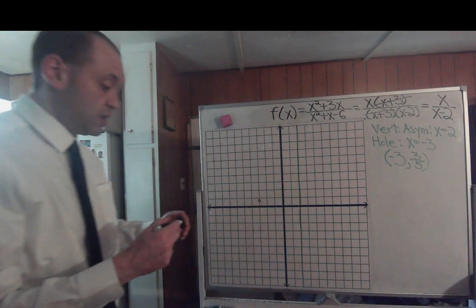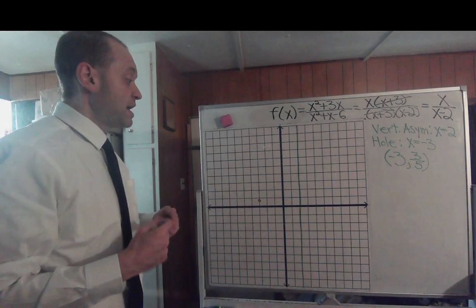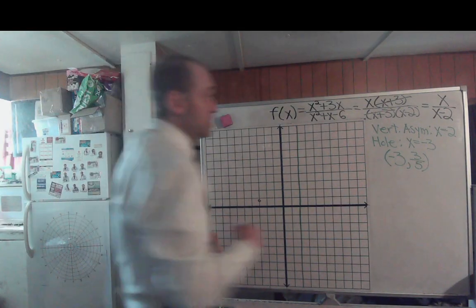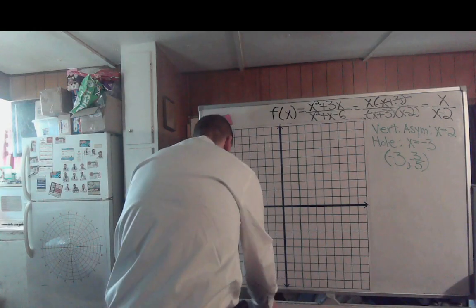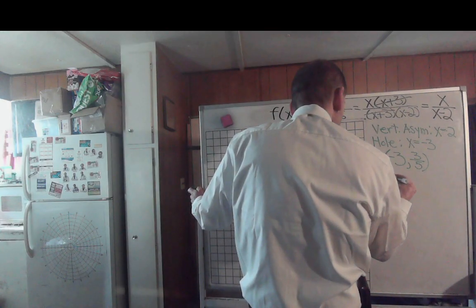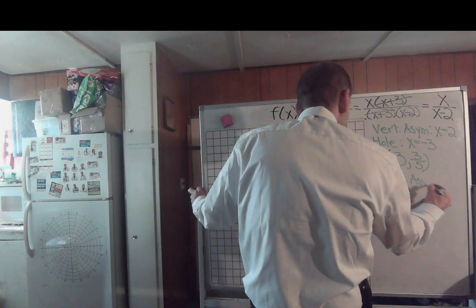There's your hole. Now, what about a horizontal asymptote? You can use the factored form, and you would get a horizontal asymptote at y equals 1. So, you have a horizontal asymptote located at y equals 1.